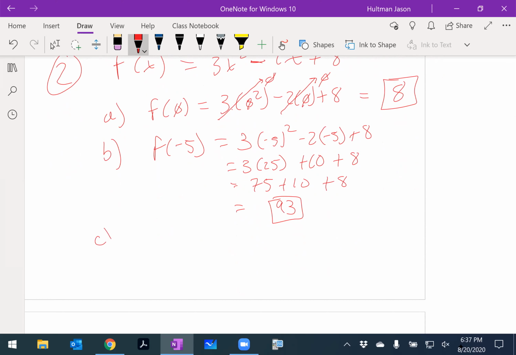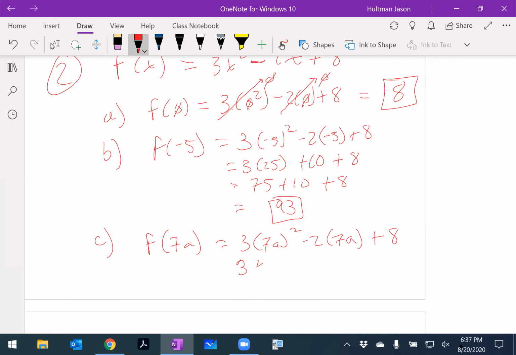Let's do one last one here. What would be f of 7a? f of 7a is 3 times 7a squared, minus 2 times 7a plus 8. 7a squared is 7a times 7a, which is 49a squared.